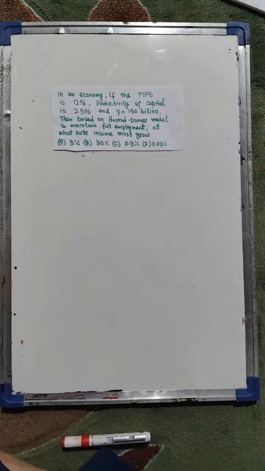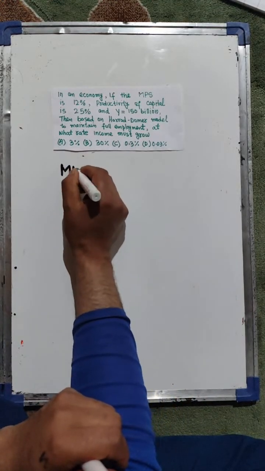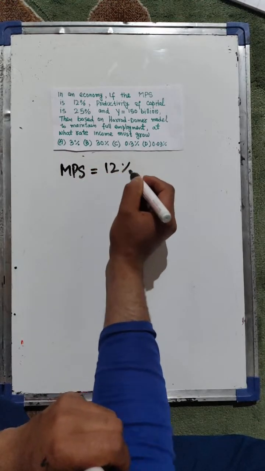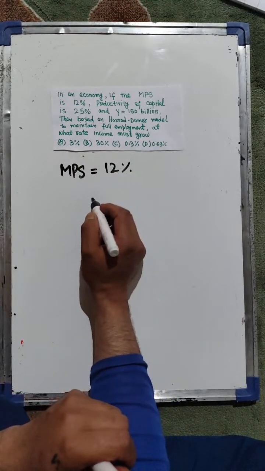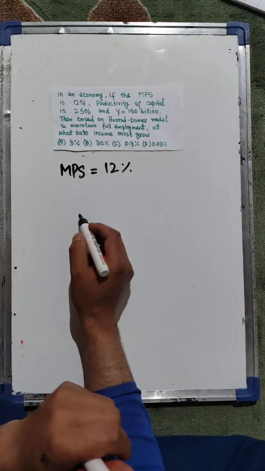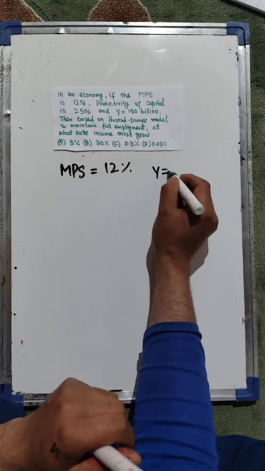The question is, we have marginal propensity to save equal to 12%. Productivity of capital is 25%. And income is given as 150 billion.